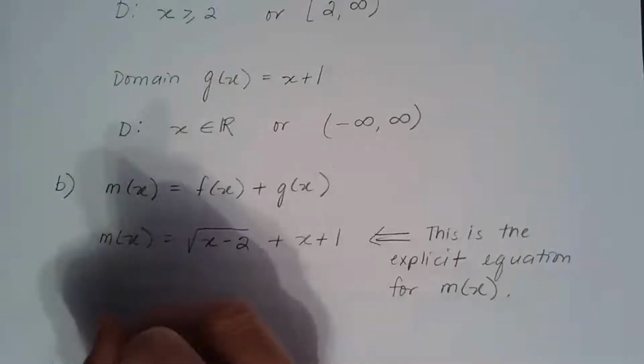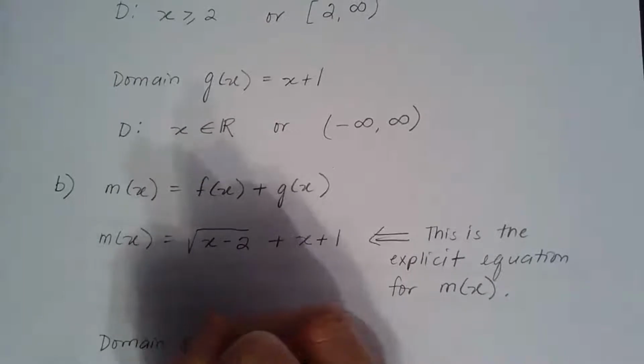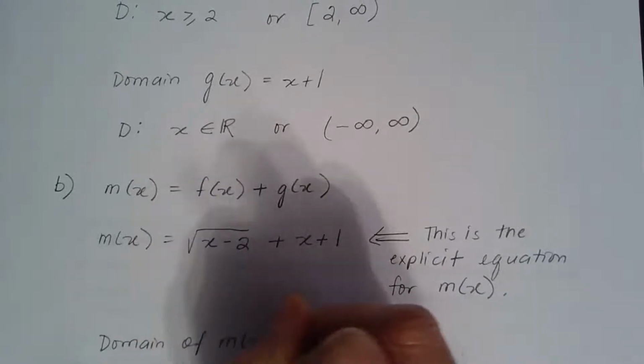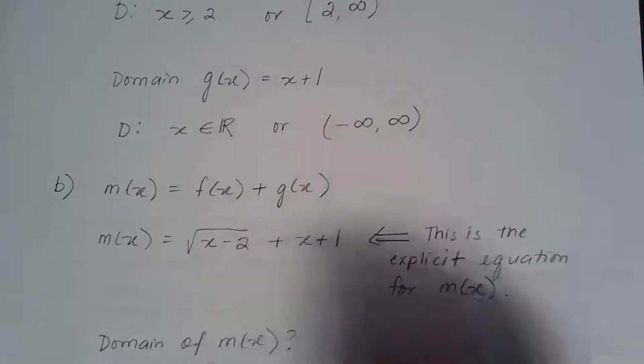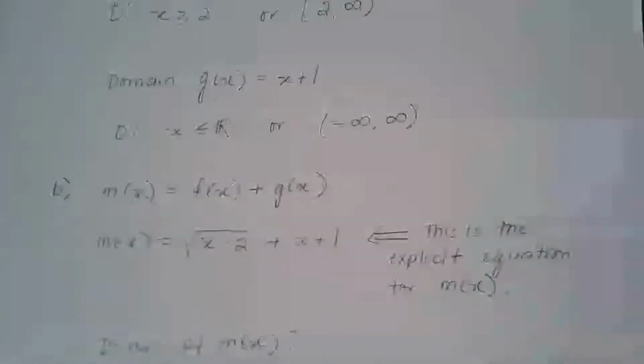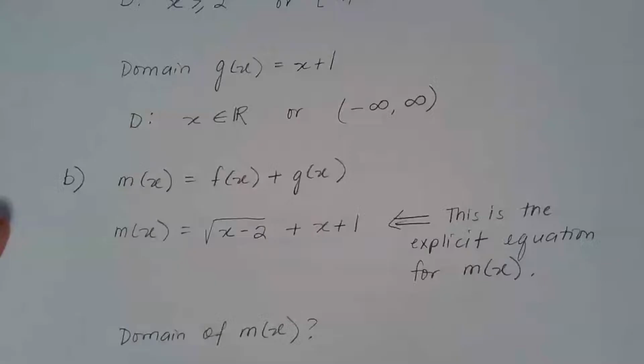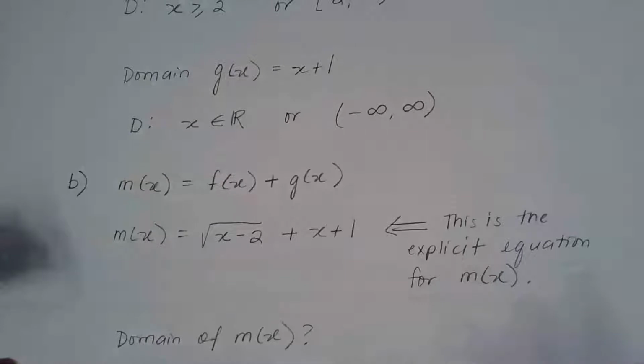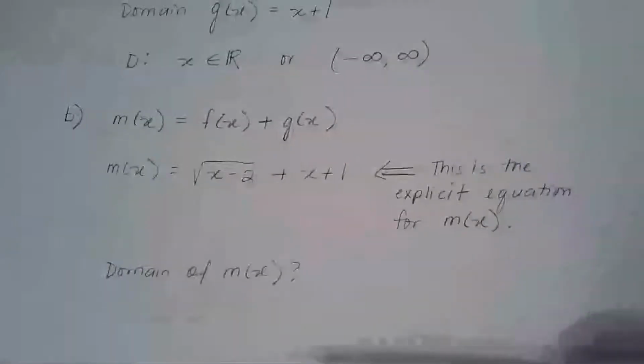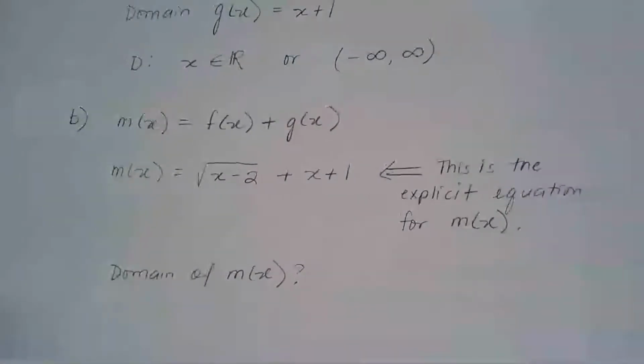What is the domain of m of x? How do we figure that out? It's a combination of two functions, f of x and g of x.